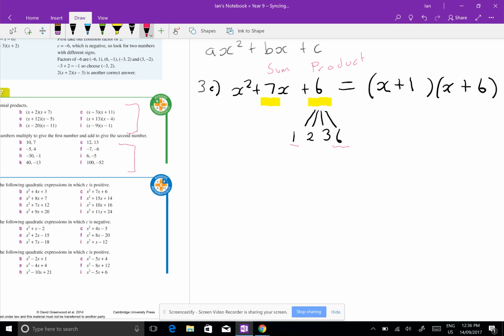Okay, let's do another one. I want you to do some of these, so I will do 3F. Now I'll jump down and I'll do 3L. So here, x squared plus 11x plus 24 equals, well, it's going to be x and x. Now, do I need to write all the factors of 24 out?